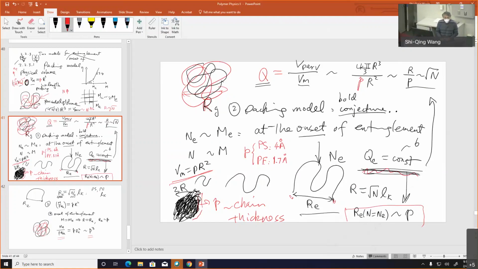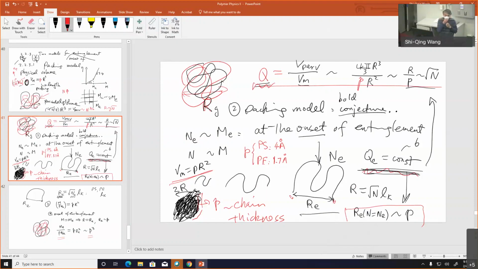Yeah, that's the whole point. If it's not space filling, you have to keep adding until it's space filling. How many chains you can fit is computed here. It keeps increasing as the chain length increases. So that was the whole concept.